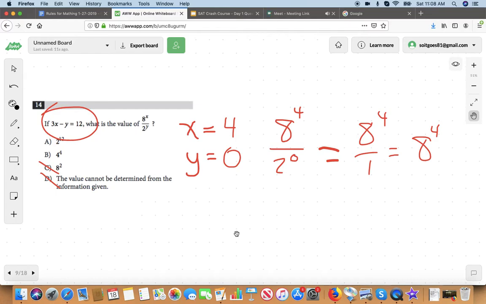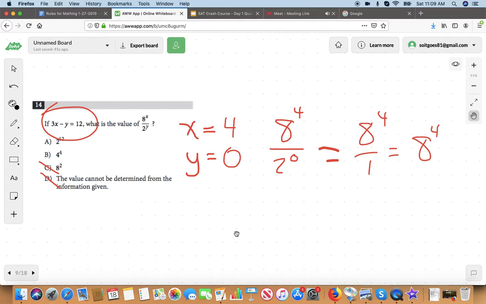Neither looks like 8 to the power of 4, but I know I can get rid of 1 with absolute certainty. I don't know what 2 to the power of 12 equals, and I'll be honest, I don't know what 8 to the power of 4 equals. If this was a calculator section question, you could just punch it in your calculator and figure it out. Can't do that here.